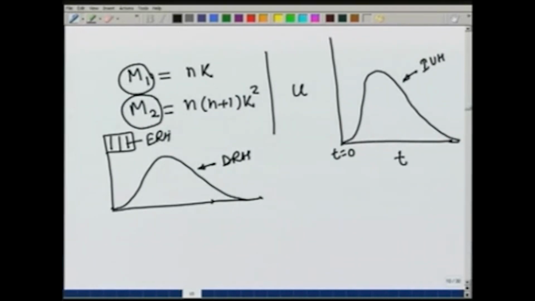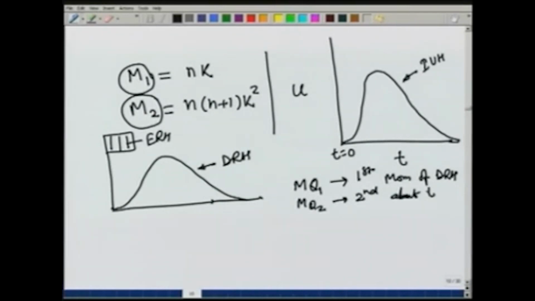And the formula which are given for this case use values mq1 and mq2. These are the first and second moments of the DRH about t equal to 0, and then divided by the area under the DRH.